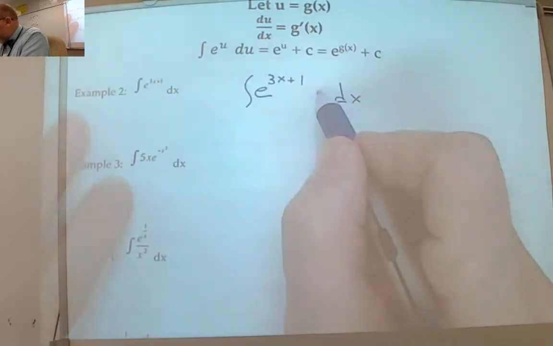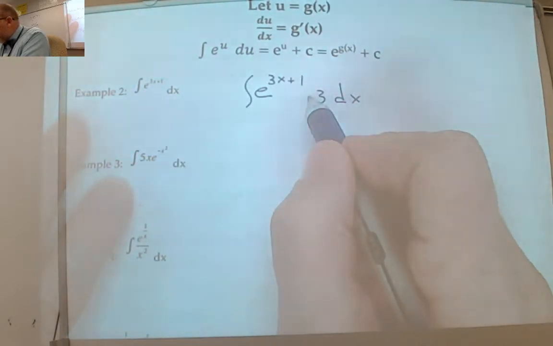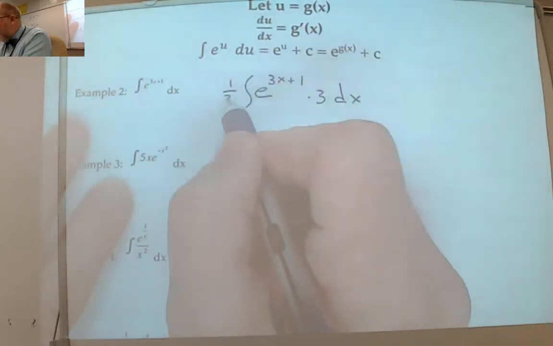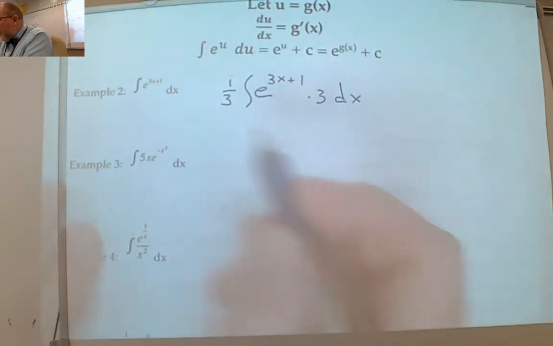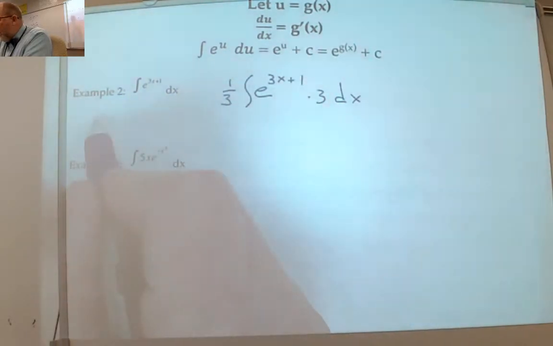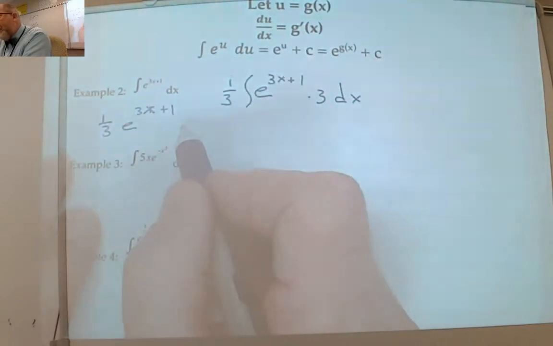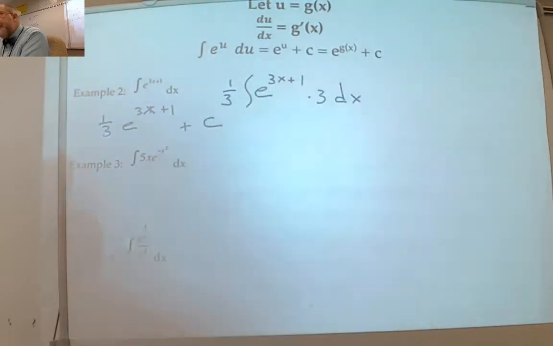A 3. So if I put a 3 in here, I've got to have what out front? 1/3. So my answer is going to be, what do you think, Nathan? 1/3 e to the 3x plus 1. And for 5/10 of a point, plus c. Because that's what it is Monday.